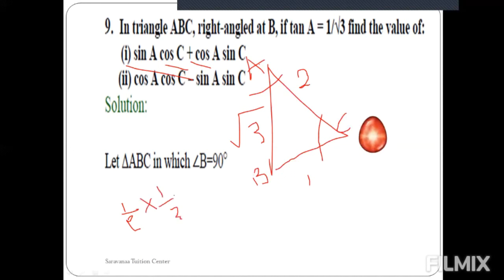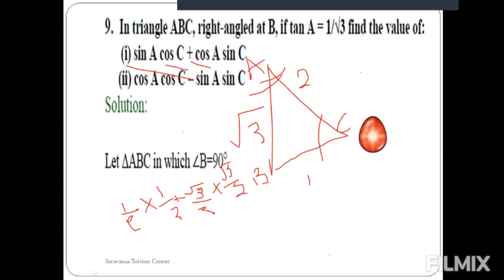Then plus cos A, cos A equals adjacent by hypotenuse, that is root 3 by 2, into sin C. Sin C is opposite by hypotenuse, that is root 3 by 2.